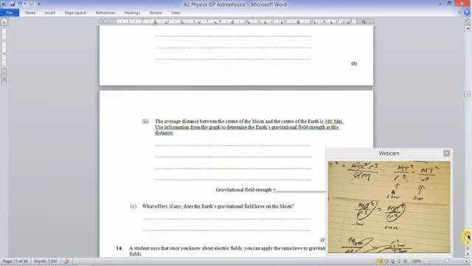Pretty straightforward. The average distance between the centre of the Moon and the centre of Earth is 380 megameters. That is nice to put a megameter in there. Use the information from the graph to determine the Earth's gravitational field strength at this distance. So you need to extrapolate the graph.